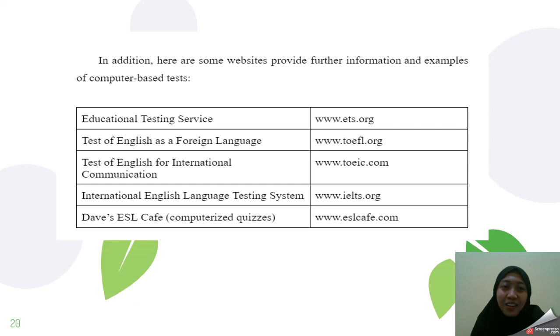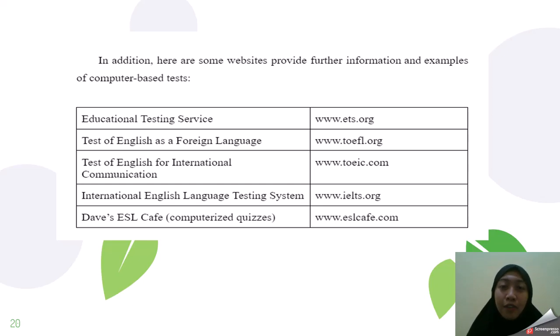In addition, here are some websites that provide further information and examples of computer-based tests. So if you want to test your skill or know how your skill is, you can go to websites like Educational Testing Service, or ETS.